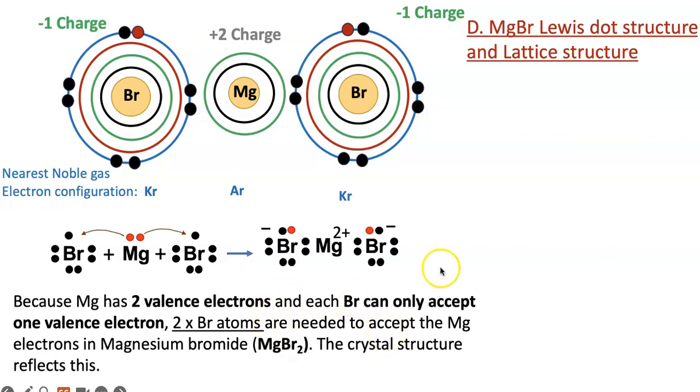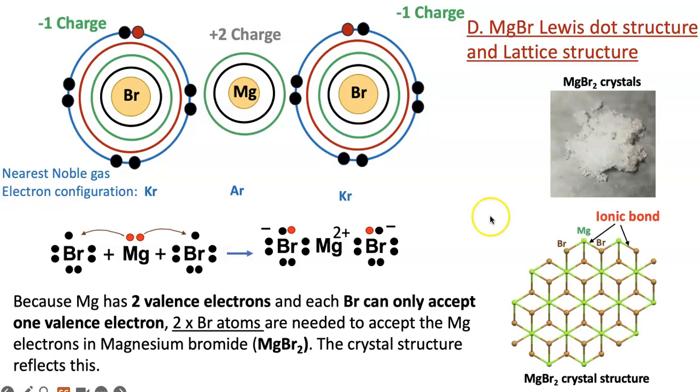And here's what I explained earlier. Here is a crystal structure of what magnesium bromide crystals actually look like, the three-dimensional MgBr2 crystal structure. It's a little bit different than the chlorine. Here's magnesium.